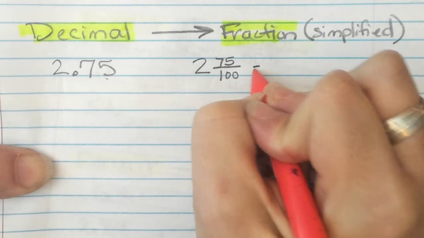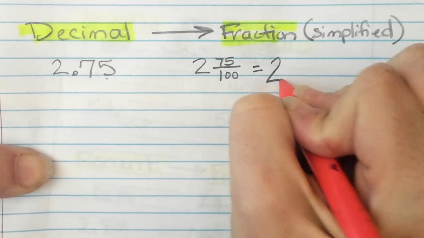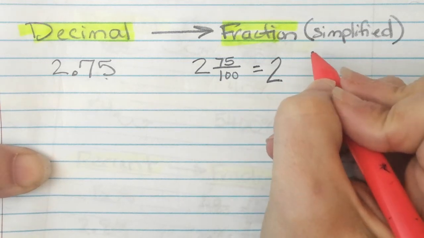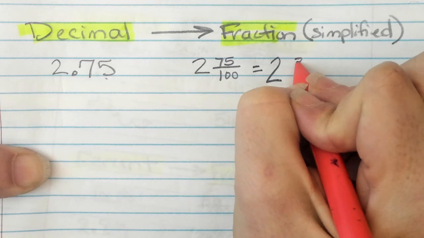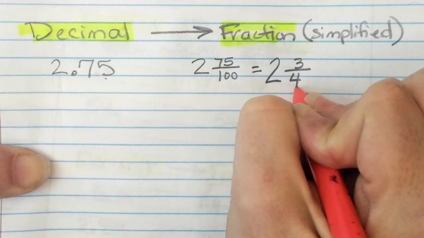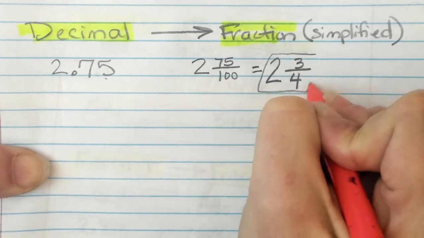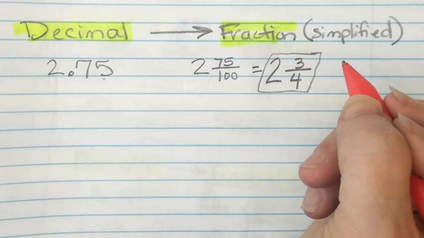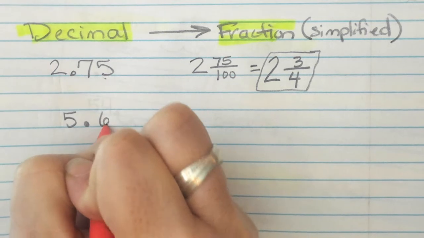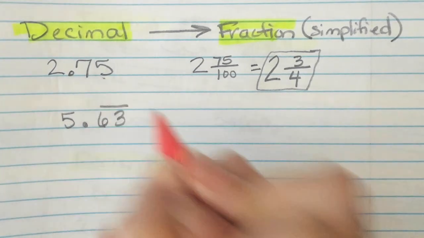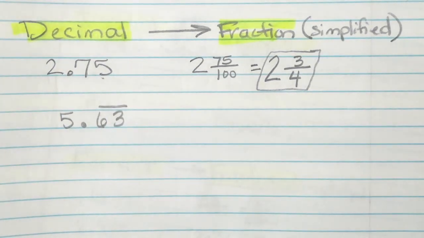Okay, then it simplifies by a bigger number. 3/4. What number? 25. 25s, yes, by quarters to make it 3/4. Simplest form, final answer. I'm giving you one of the repeaters so you don't, what I'm going to call flip out when you get there. 5.63 repeating.